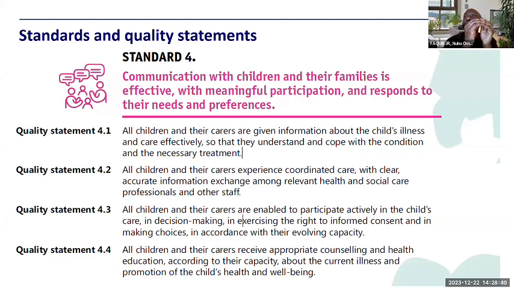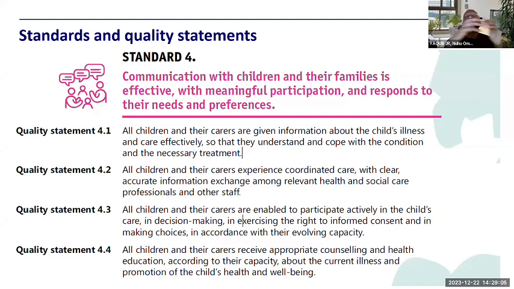The first statement is that children do have information about their illness, and so they understand what it is and what treatment they're receiving. And then, particularly in children with chronic conditions, there is coordinated care between the healthcare workers, the social worker, and other professionals who are involved in care, such that the child is protected.